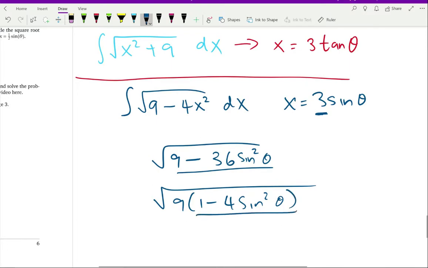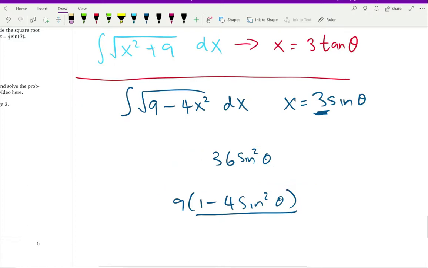Now, can you apply the Pythagorean identity here? No, because the Pythagorean identity says 1 minus sine square theta is cosine square theta, not 1 minus a number times sine square theta. So you can't use the Pythagorean identity. What's going on here? Well, definitely our number here is wrong. We have to adjust the number. So how can we do that? That's what we are going to learn in this video.